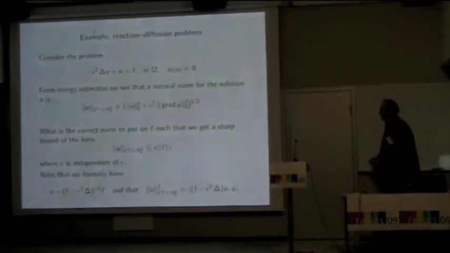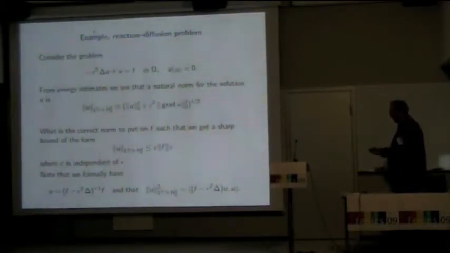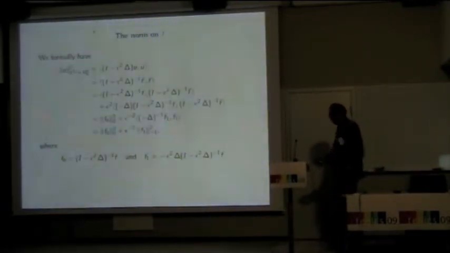Of course, formally, the solution to this is the operator inverse applied to f. And if you do that, you see that the norm that we really got control of by this energy estimate is really taking the inner product of the operator applied to u with u itself. That's a way of formally generating this one.